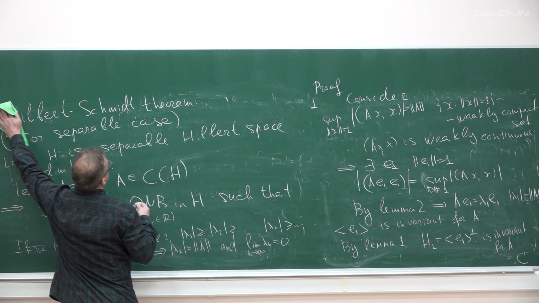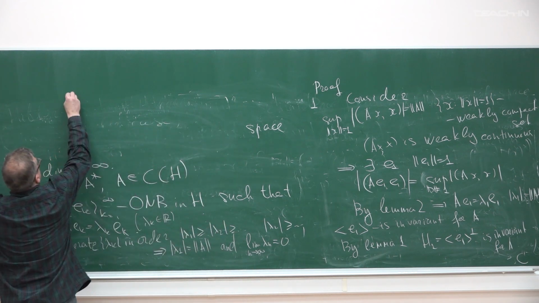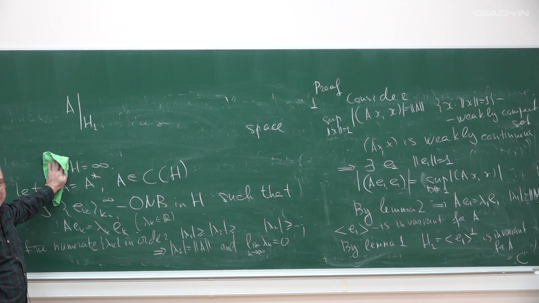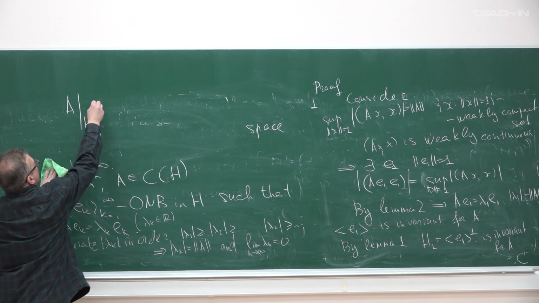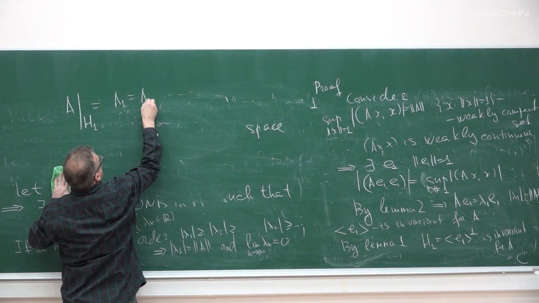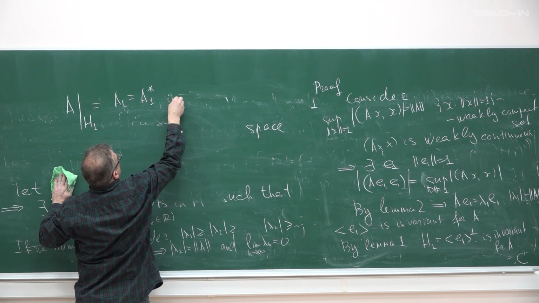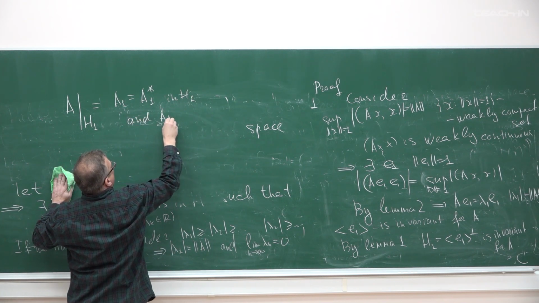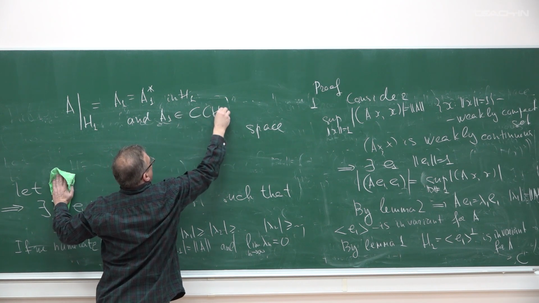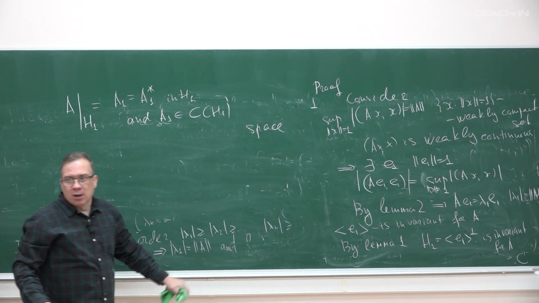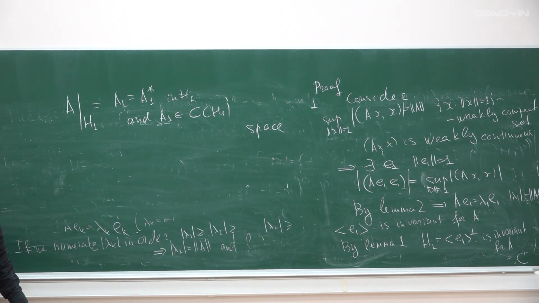What can we say about this operator? Is it self-adjoint? Is it compact? Define it as A1, and it is self-adjoint in H1, and A1 is compact in H1, of course, because it is compact in the whole space. So you can repeat it with the same operator.